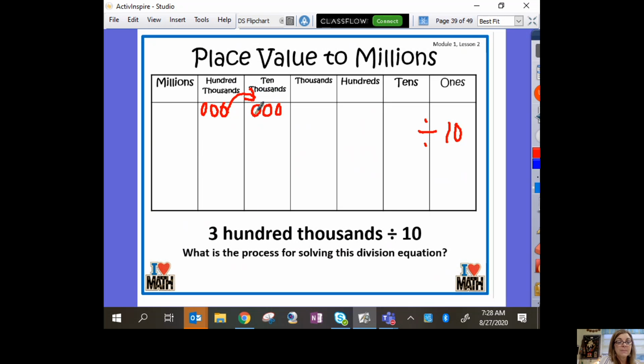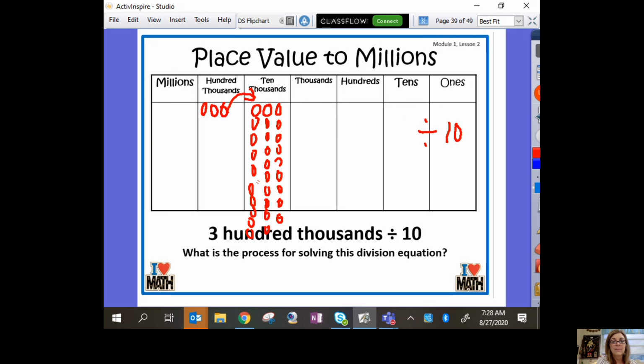And then remember, if we unbundled those, it would look like this. So we've started here with our 300,000s. We're moving it back to our 10,000s because we're dividing by 10. So it's going to lessen.